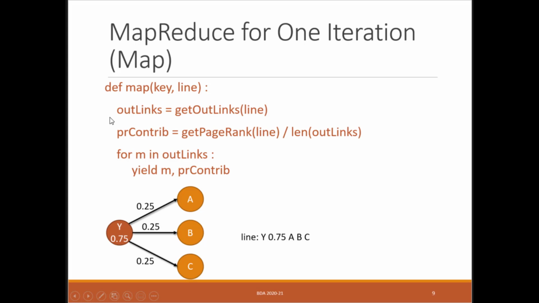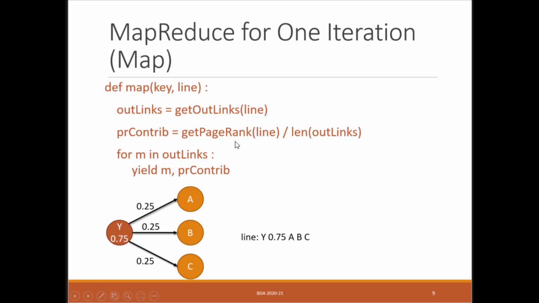Okay, let's scrutinize what the map function does. At first, we have the function getOutLink. The function extracts the outlink nodes for the node under processing. If you look at our example, the node under processing here is Y, and its outbound links are A, B, and C. Then the PageRank contribution of the node under processing to its outbound nodes is calculated.